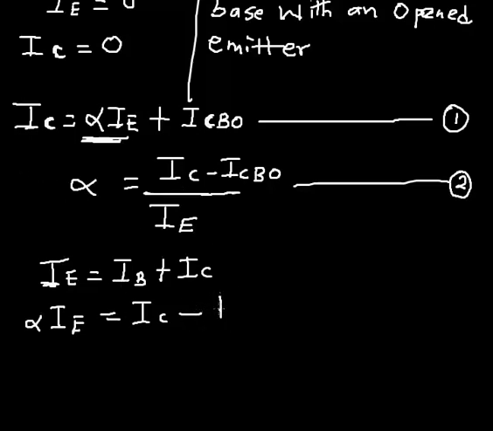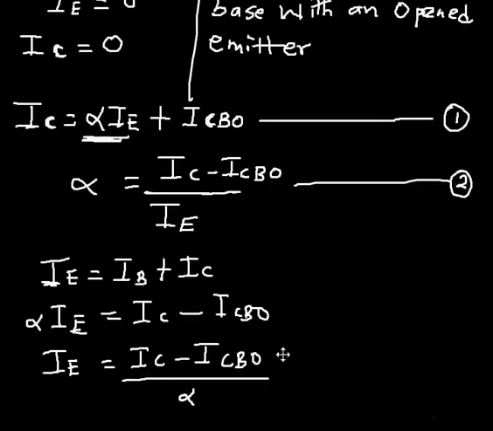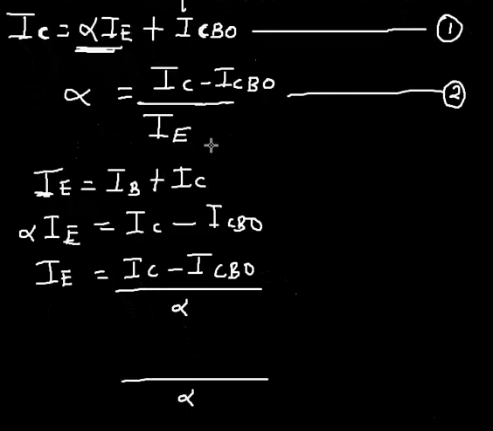So if I now make IE the subject of the formula, IE is going to be equal to IC minus ICBO, divided by alpha. Let's now put that into this particular formula.